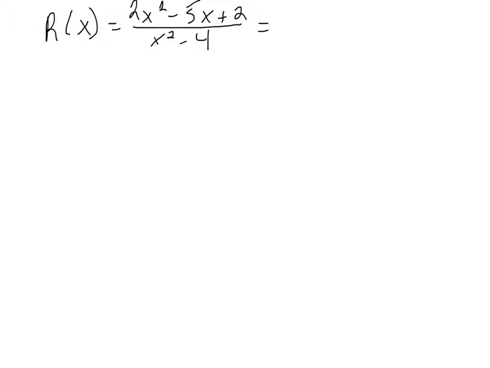If we factor the top, we get x minus 2 times 2x minus 1. On the bottom, we get x plus 2 times x minus 2.